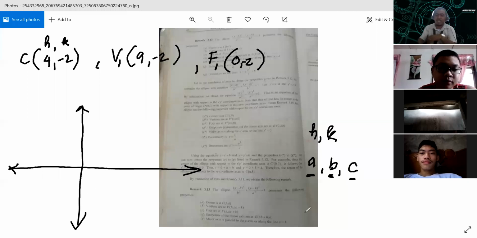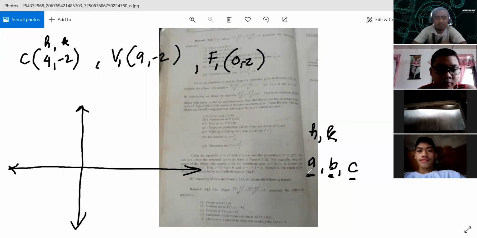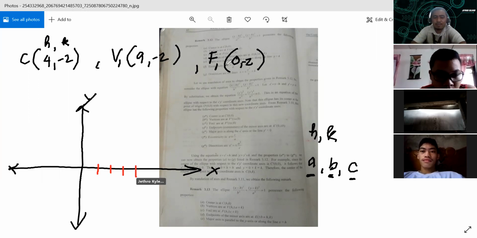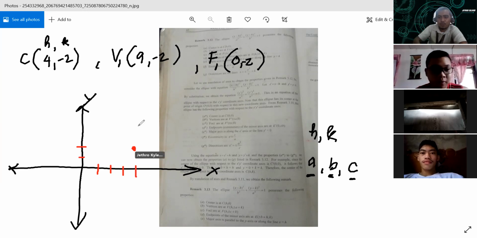Sige daw, Jetro, ipakiplot daw asa ang C, ang center. I will ask another student later to plot the vertex 1. Where is the center, Jethro? Here in the Cartesian coordinate plane. Good. 4, -2.